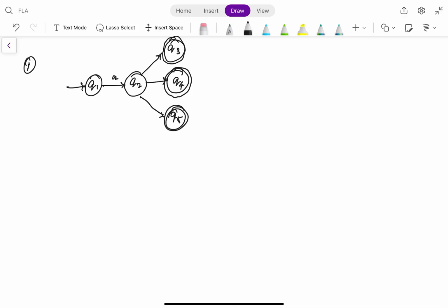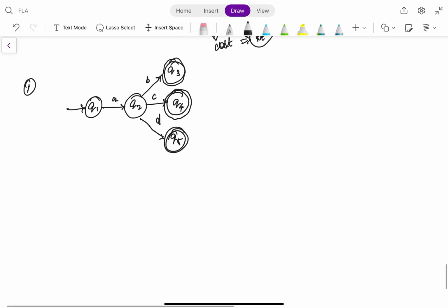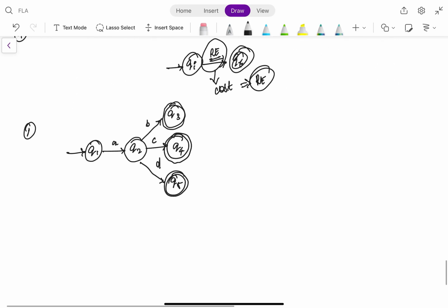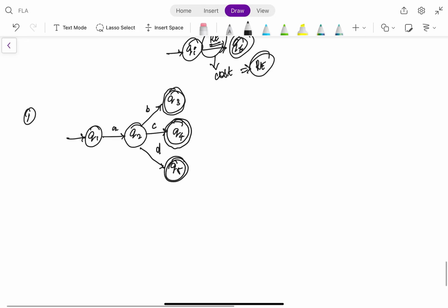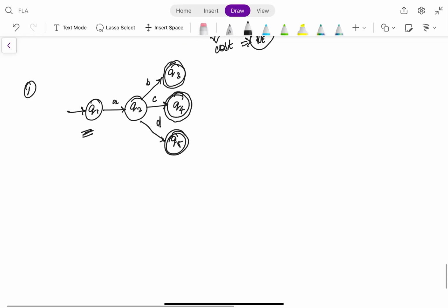It has A, B, C, and D transitions. Now you have to check for all the conditions. One condition is that there shouldn't be any incoming edges to the initial state. This is your initial state. We do not have any incoming transition edges, there are only outgoing edges. That condition is satisfied.